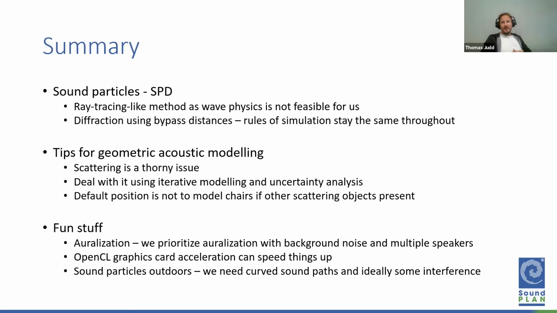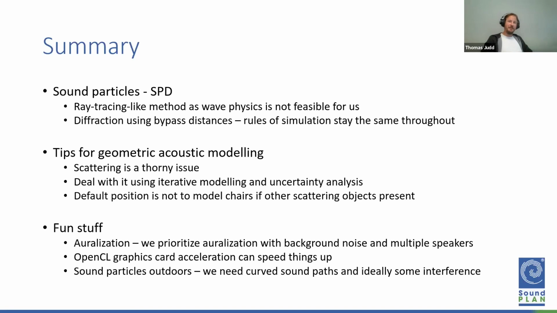In terms of what we learned about doing acoustic modeling, we saw that scattering is a thorny issue, and one that one must treat very carefully. My preferred method is to deal with it using iterative modeling combined with a decent uncertainty analysis. And as to the question, do you need to model the chairs?